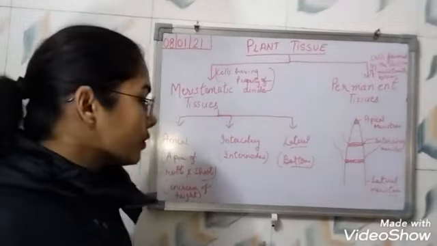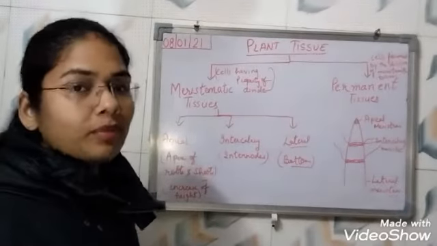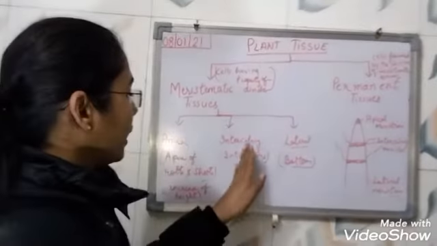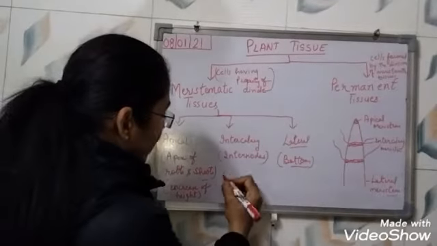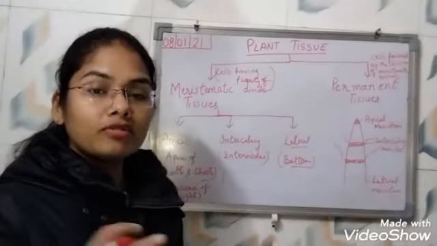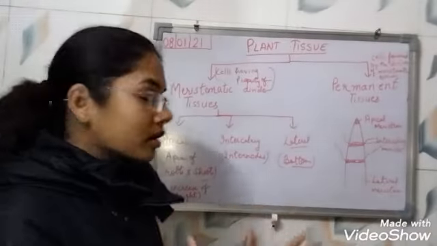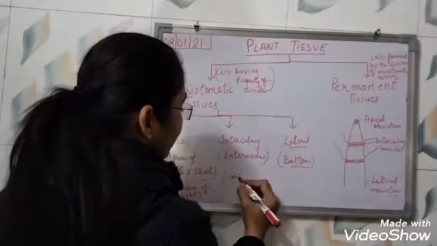So it's growing from the apex, on the tip of the root or the shoot. Intercalary helps in the increase in the number of branches, right?